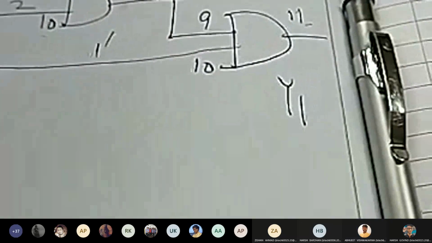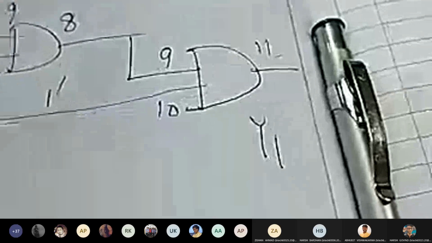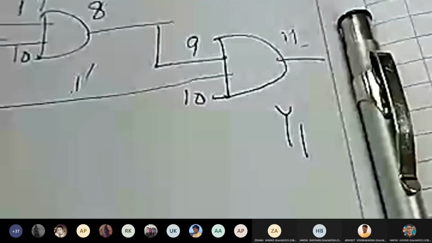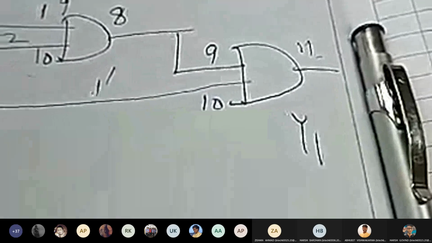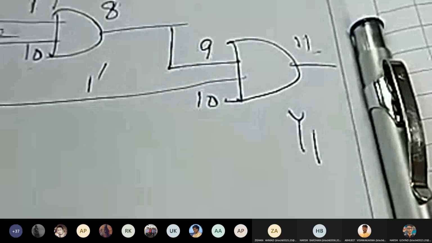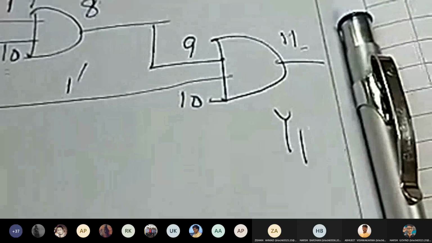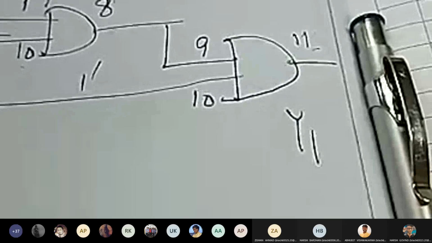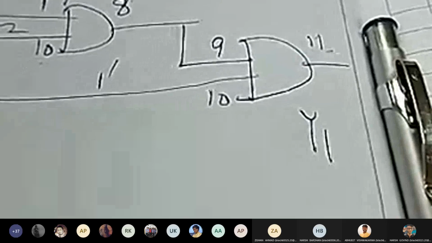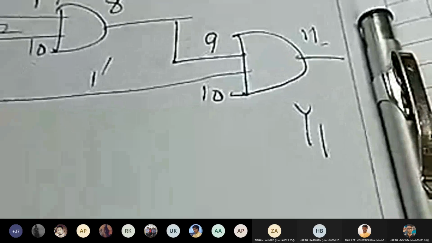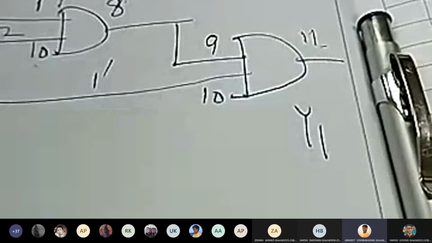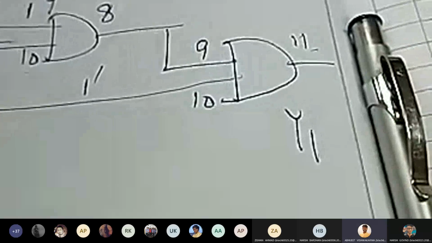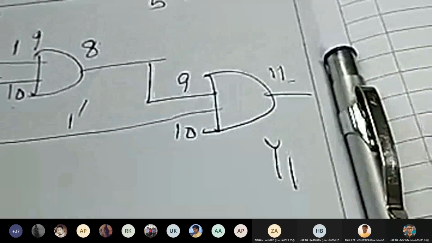I'm waiting for you all, because this is about the Dairy Milk Silk. So think properly and tell me. Ma'am, at 11 number only.